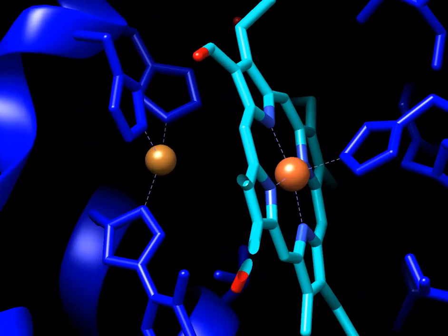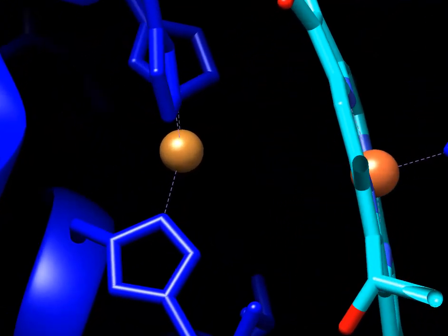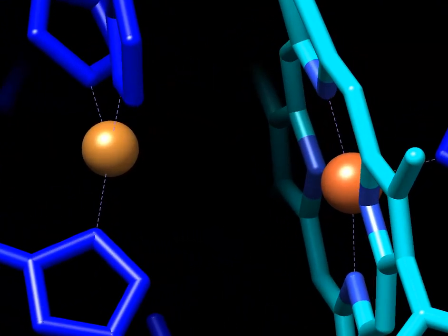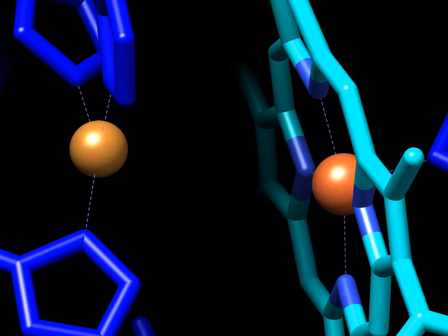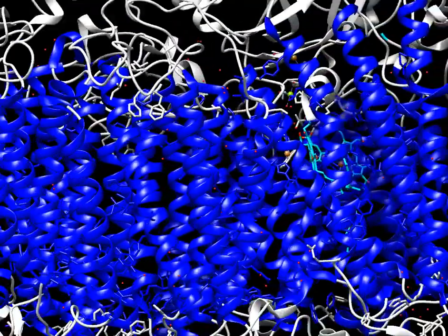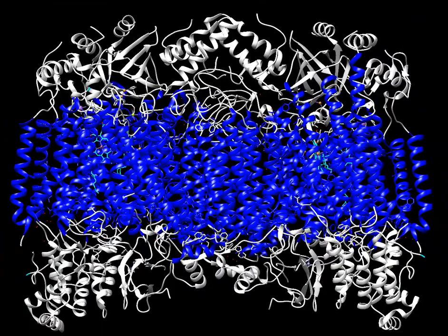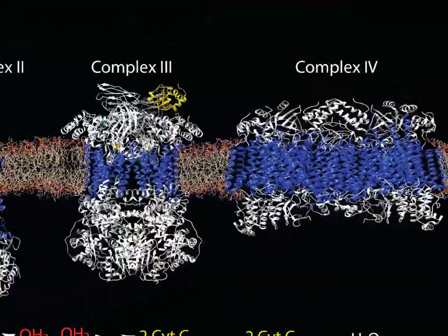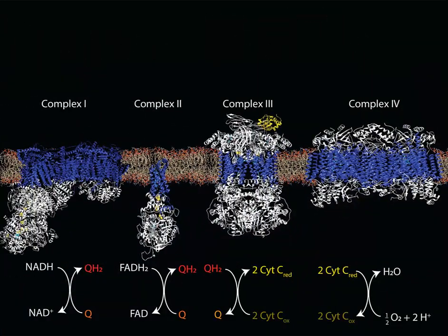And it's the space in between the iron in the heme group and this copper where oxygen binds and electrons are delivered 1 at a time to reduce oxygen down to water. Okay? So this is the electron transport pathway in a nutshell.